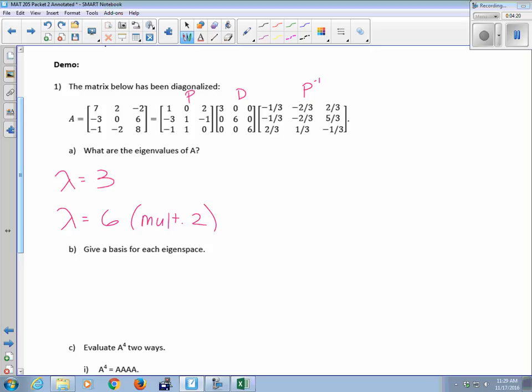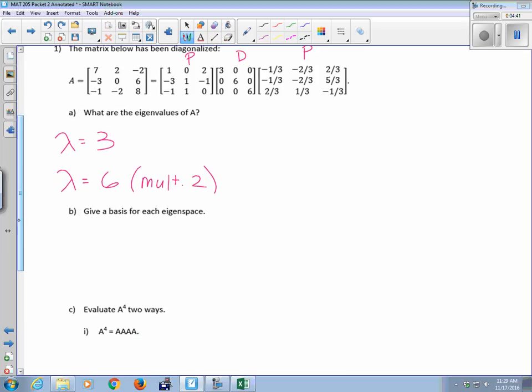Okay. Give a basis for each eigenspace. So if I wanted to describe the eigenspace, this could be a hard problem, but because I've already diagonalized it for you, I know that the eigenvectors associated with each of the eigenvalues live in P. So my basis for the lambda equals 3 eigenspace is the column corresponding to it.